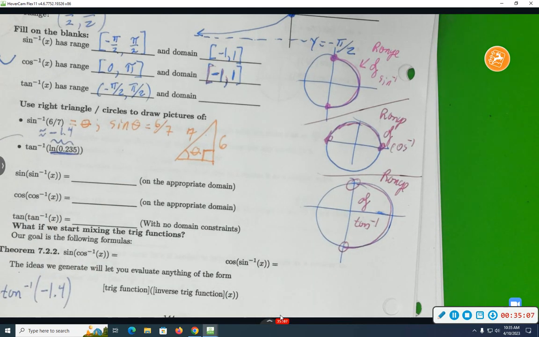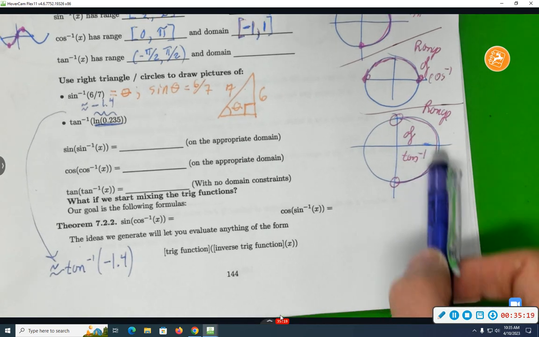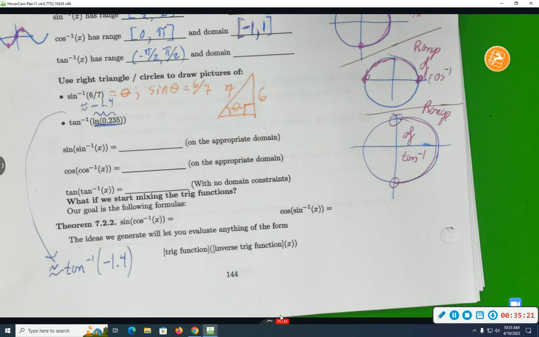Let's think about it in terms of the range of inverse tangent. This is an output of inverse tangent, so it has to be in the range of inverse tangent. That means it will be in either quadrant 1 or quadrant 4. Those are the only options you're allowed.